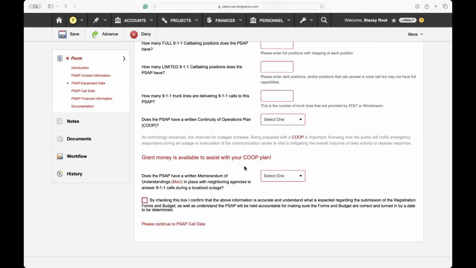Do you want to talk about the different? Yeah, so there's another question at the bottom of the screen, right where her cursor's at. It says, and this goes back to El Reno's question, does a PSAP have a written MOU in place with a neighboring agency to answer 911 calls during a localized outage? That's that mutual aid agreement we were talking about. Some people are actually getting more detailed than just a typical generalized mutual aid agreement.